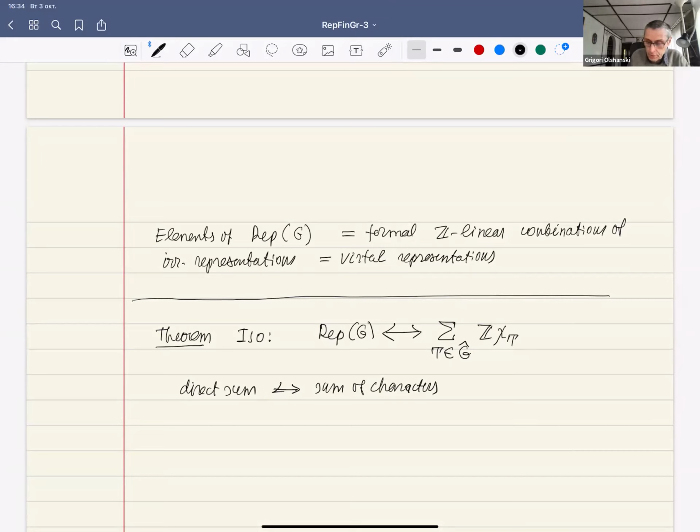So this correspondence is 1-to-1. And next, the tensor product here precisely corresponds to the pointwise product of characters as functions. This is because if we take the tensor product of two operators, then the trace of a tensor product is the product of the traces.